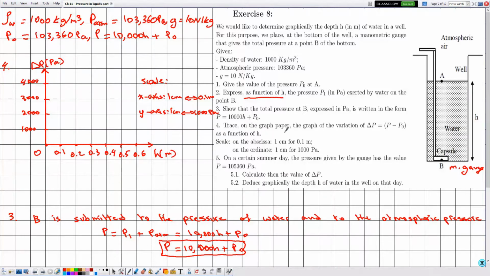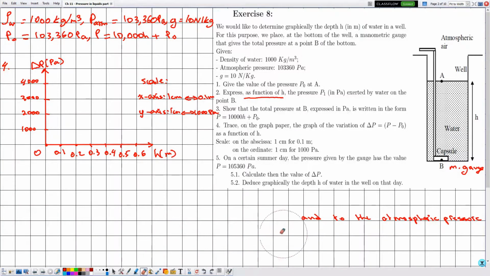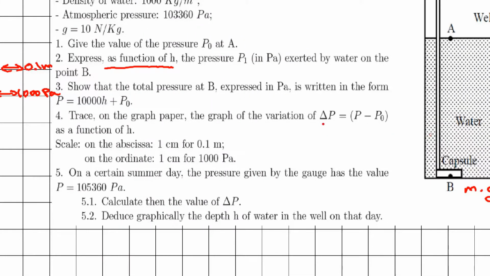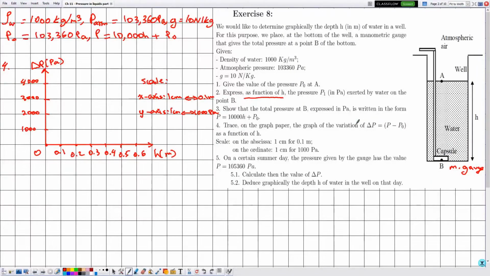Now we haven't yet traced the curve that shows the variation of delta P as a function of H. Usually in order to draw this curve, a table must be given that relates the values of delta P and H. In this case we don't have a table. However, we can determine the value of delta P. So we know that delta P is equal to P minus P0, but the value of P is given by 10,000 H plus P0.